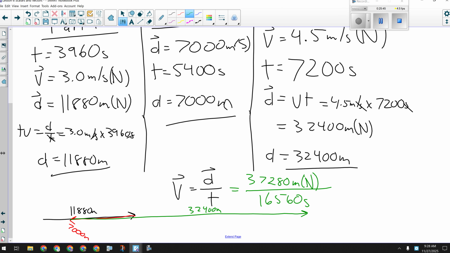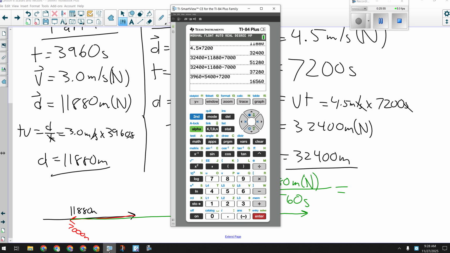I'm dividing meters north by seconds, so my units will be meters per second north. Take my total displacement, divide it by my total time. On average, the velocity of the elephants was 2.25 meters per second north.